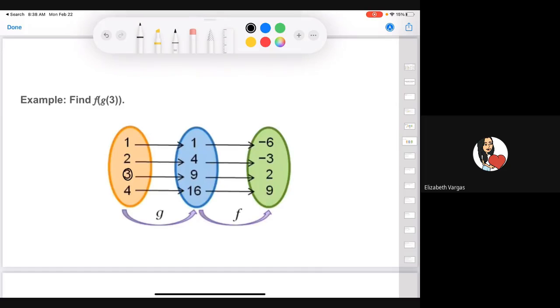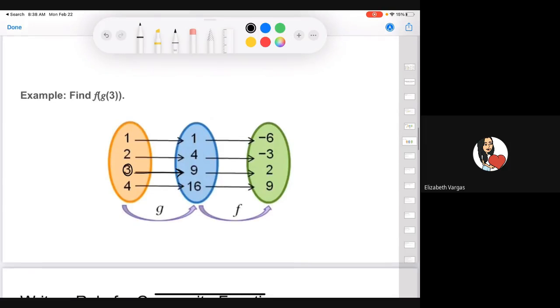And what we see there is that when g is 3, the new domain of f is 9. And if the domain of f is 9, then our range of f is 2. And so basically our answer here would be 2.